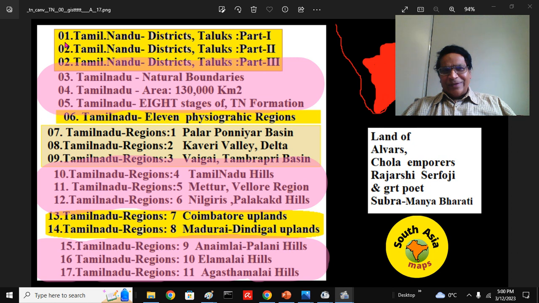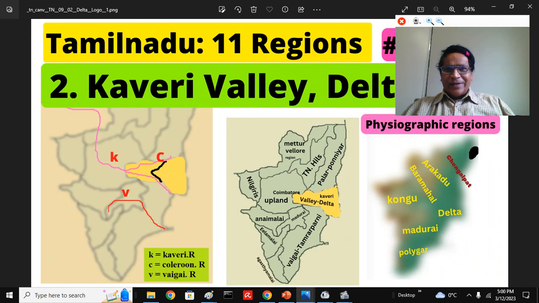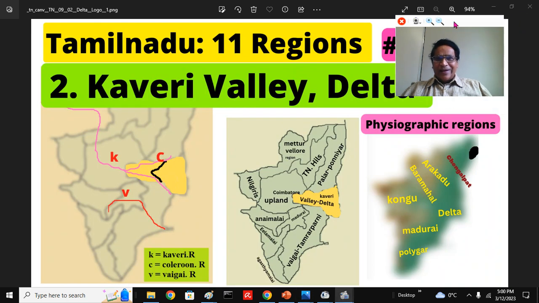We are talking about 11 physiographic regions. We finished the Palar Ponnai basin. Part 9, the current part, is the Cauvery Valley and Delta.